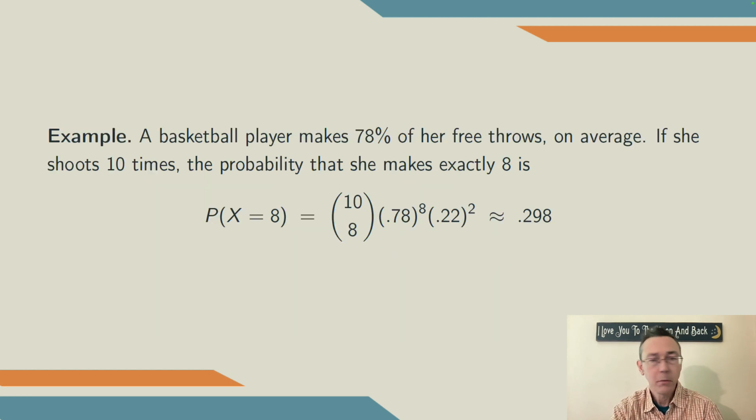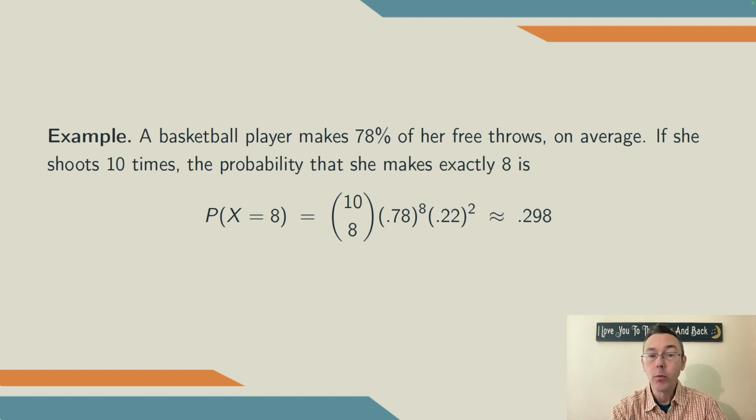For instance, suppose we have a basketball player that makes 78% of her free throws on average. And suppose she shoots 10 times. So we're talking about a random variable x that's going to have a binomial distribution, where x is representing the total number of shots she makes. So we have n equals 10. We're interested in the probability that she makes k equals 8 of the shots.